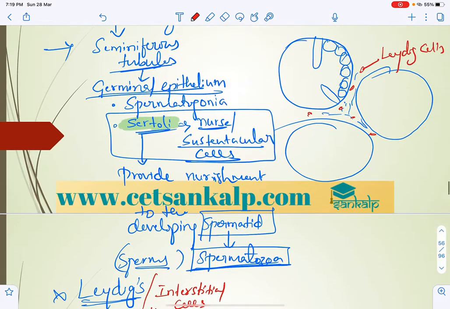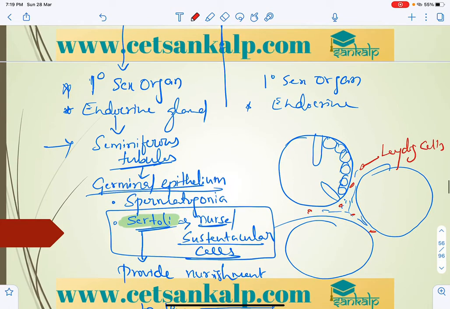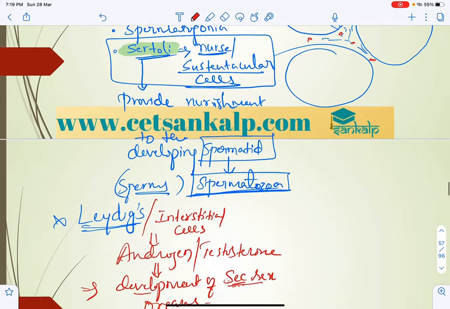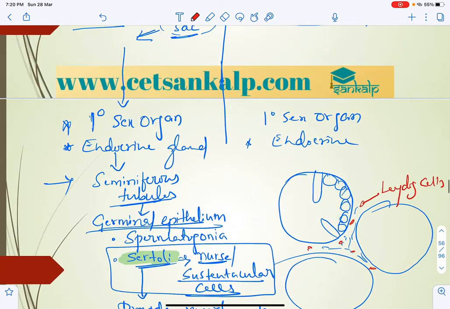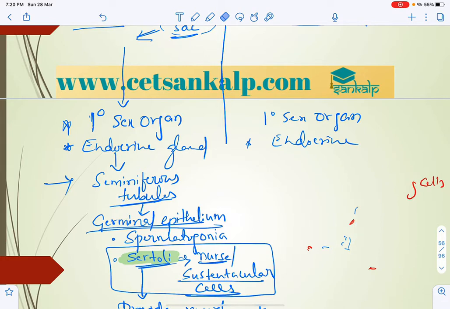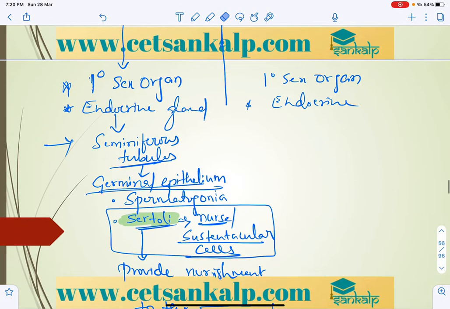So that is the thing you have to keep in mind in case of the endocrine gland. Whereas here in this case, this produces two types of hormones.